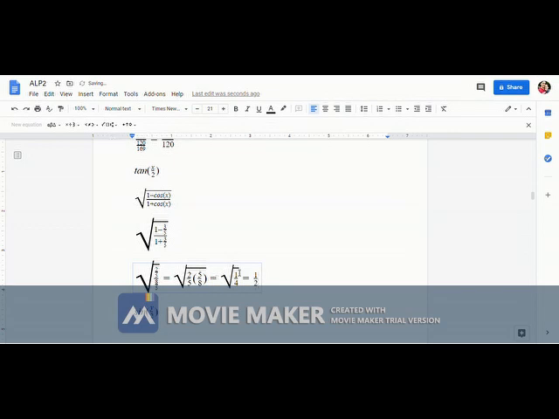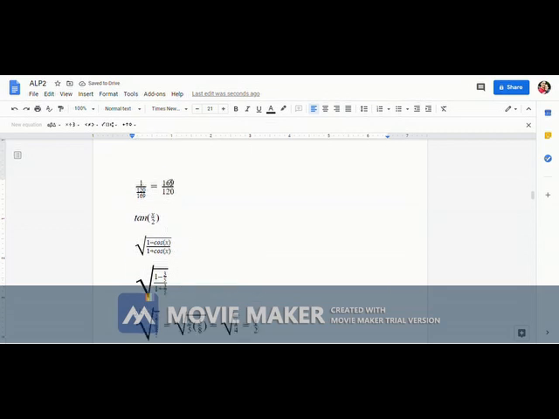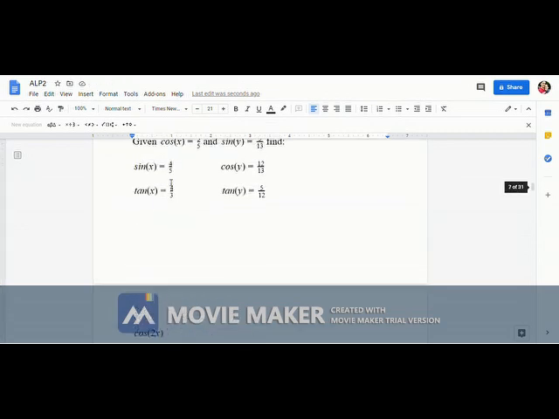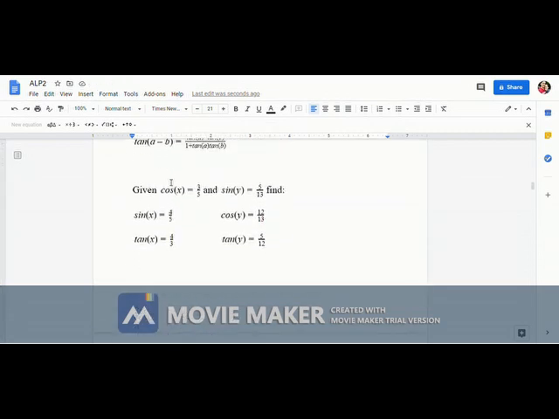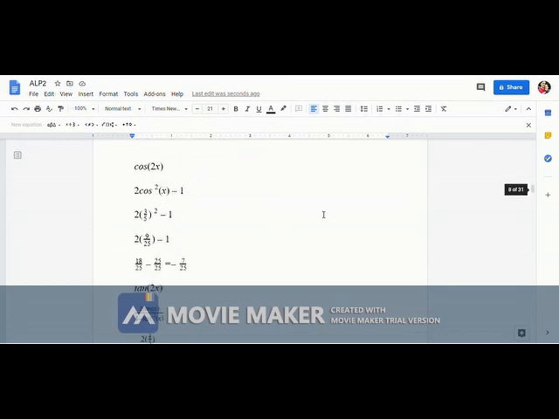Alright, and we know it's positive because tangent, sine, and x, they're all positive. So if this is all in the first quadrant, dividing into half, it's still going to be in the first quadrant. So we don't have to worry about positive or negative there.